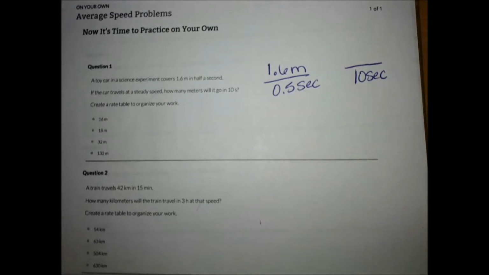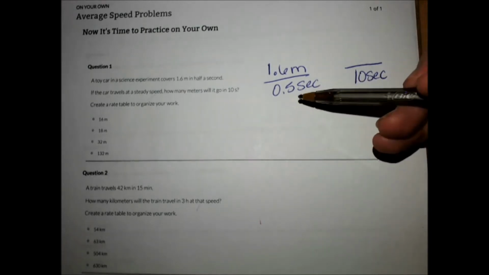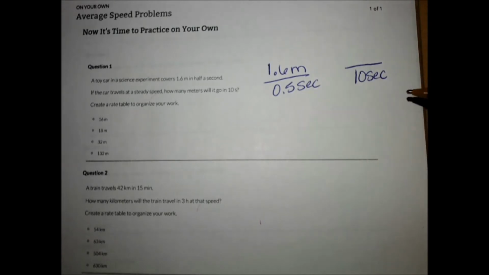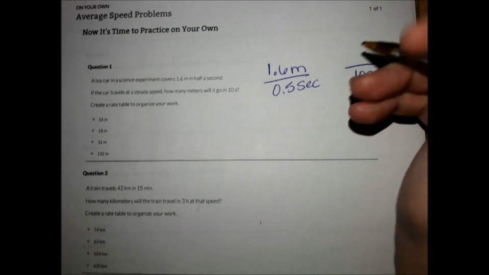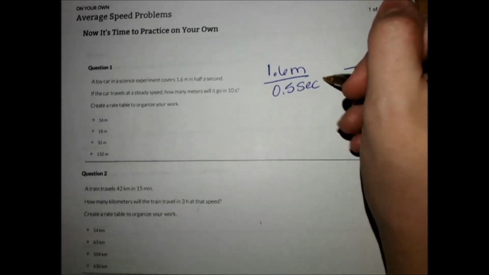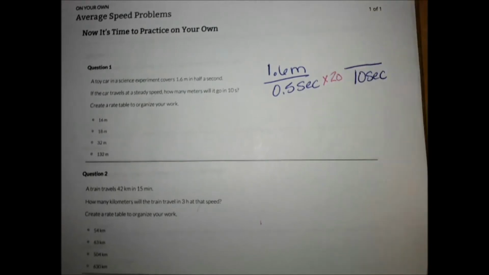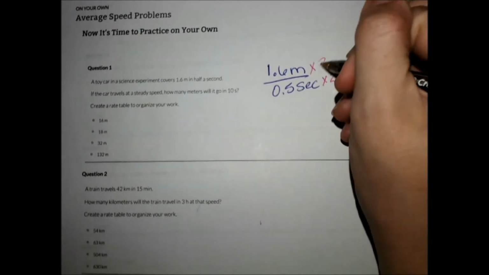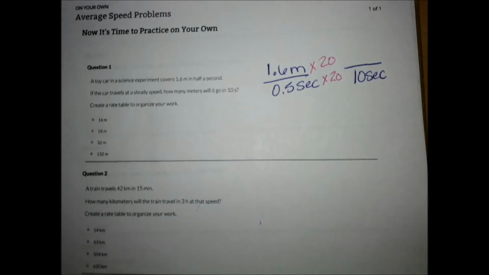So the easiest way to do this is to find out what we're going to have to multiply a half by to get 10. So I know a half times 2 is 1, and 1 times 10 is 10. So 2 times 10 is 20. So if I multiply the bottom by 20, I also have to multiply the top by 20.